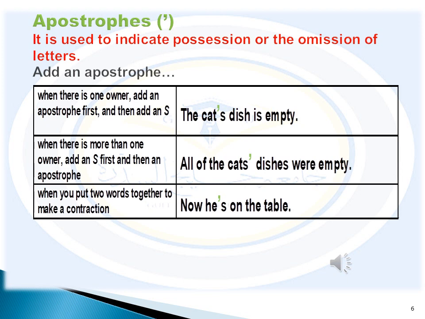We said that the apostrophe is used for omission and possession. So when you put two words together to make a contraction, use an apostrophe, as when you say he is, he and is. We remove the vowel I and we use instead of it this mark to say that there is some omitted vowel.